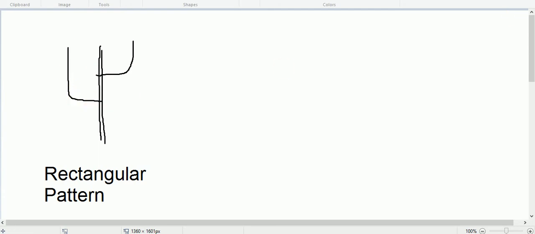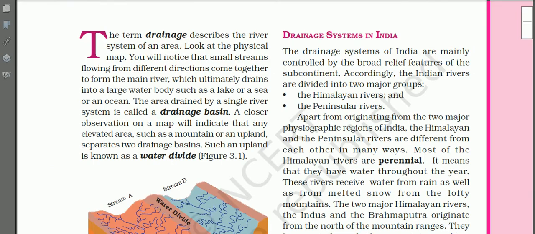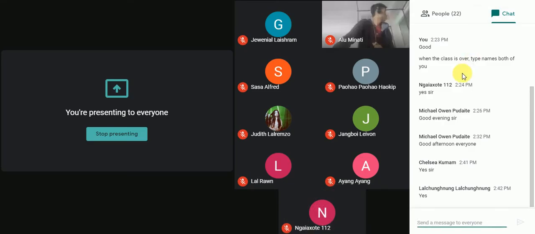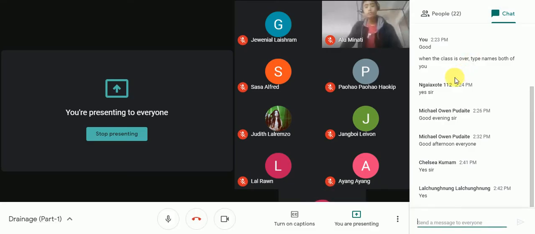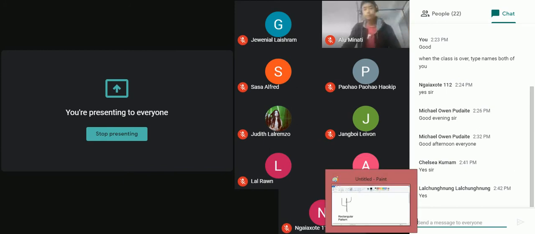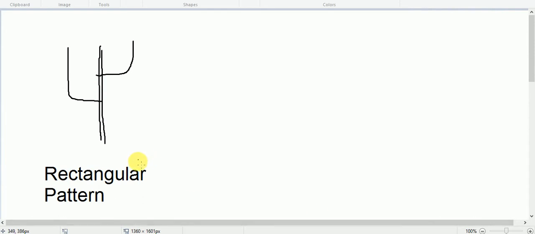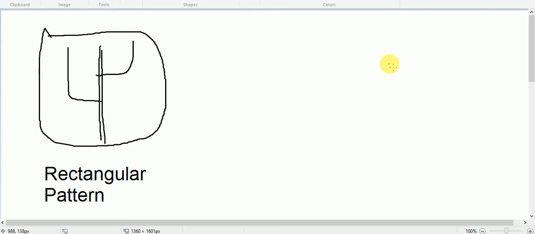Then what is the main difference between this trellis pattern and this rectangular pattern? See, in the case of the rectangular pattern, the whole surface is covered with hard rock only. But on that hard rock, you will find so many big cracks.